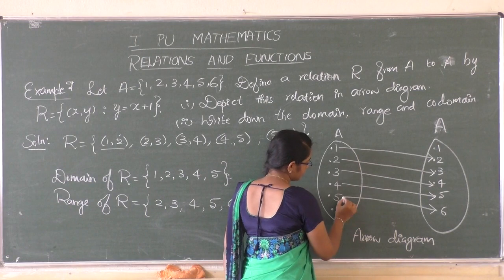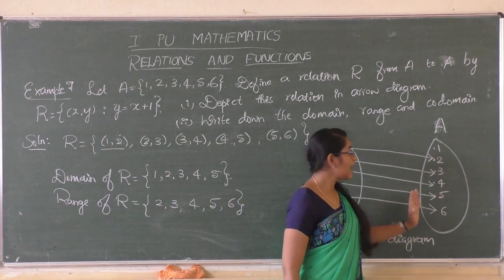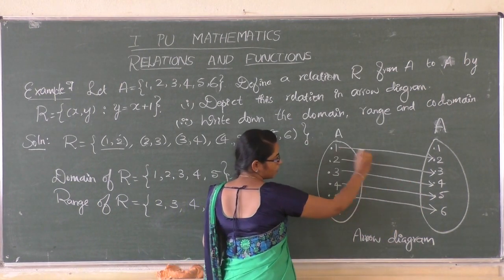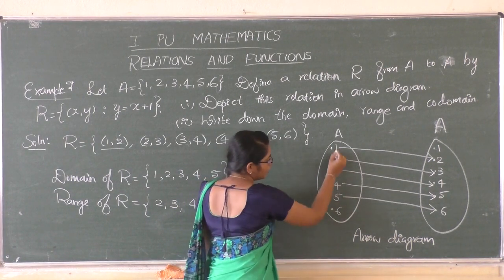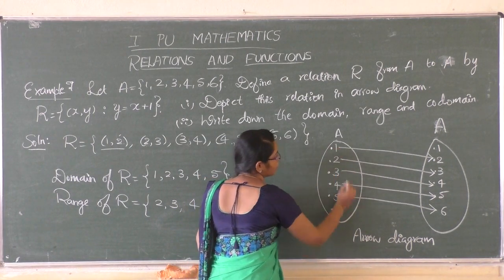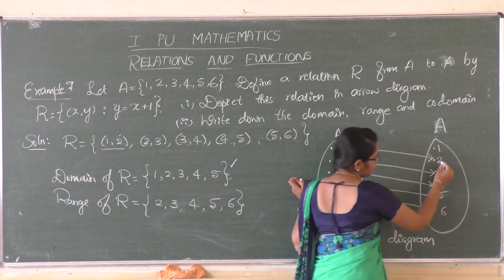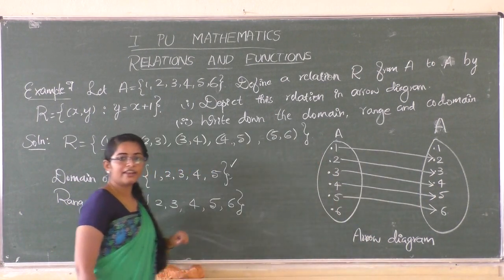Now see, look here. From which elements the arrow marks go and to which elements the arrow marks come. Look at those elements. See here, there is an arrow mark from 1, from 2, from 3, from 4, from 5. So 1, 2, 3, 4, 5 these form the domain here, right? And here also 2, 3, 4, 5, 6 forms the range of the relation.